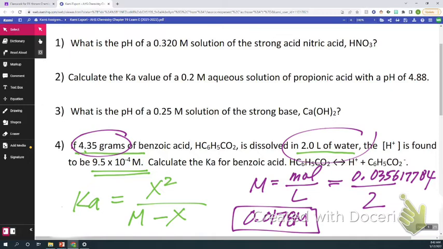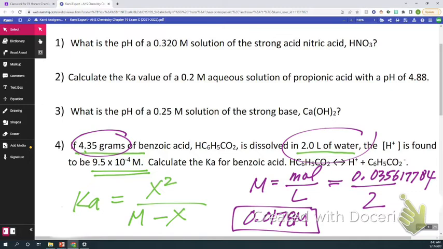I don't know. It's probably right. Anyways, percent ionization, I calculated this also, is 5.34%.